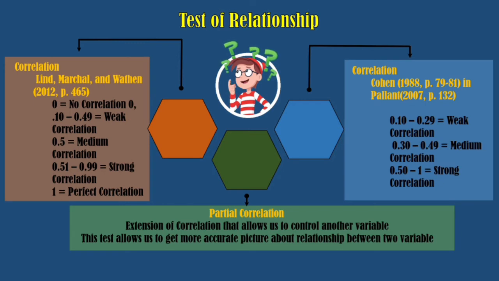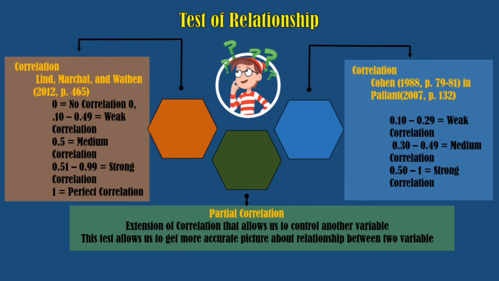Then another is the correlation by Cohen, where 0.10 to 0.29 is said to be a weak correlation, 0.30 to 0.49 as medium correlation, and 0.5 to 1 as a strong correlation.